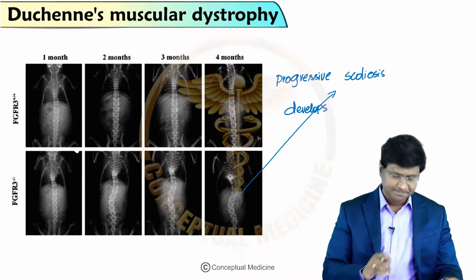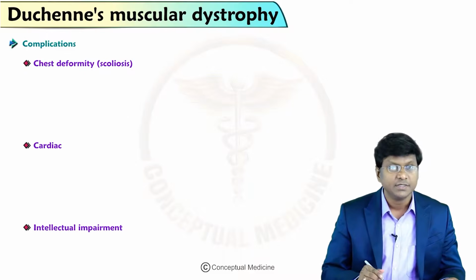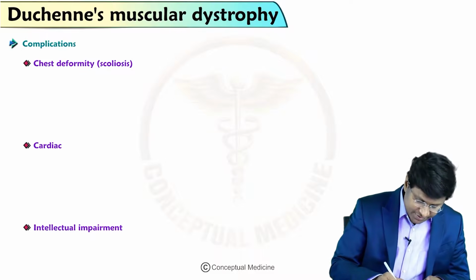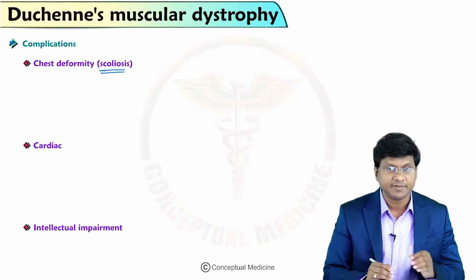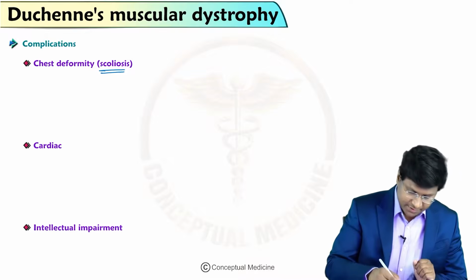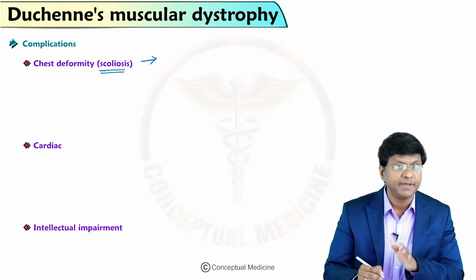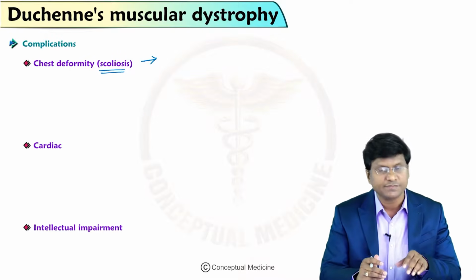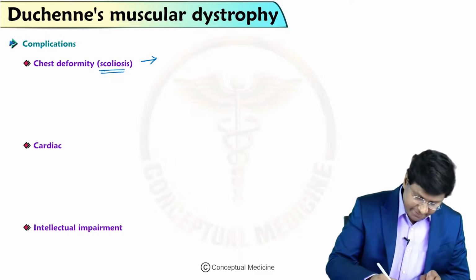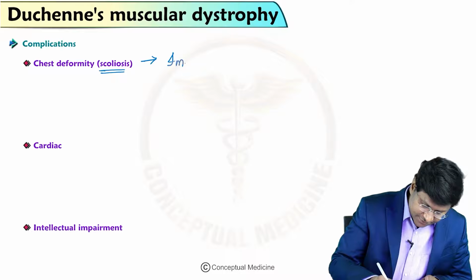Then, if you take the complications, these individuals develop chest deformity. Because of the scoliosis, there is impairment of pulmonary function.